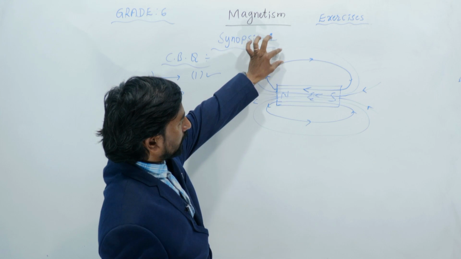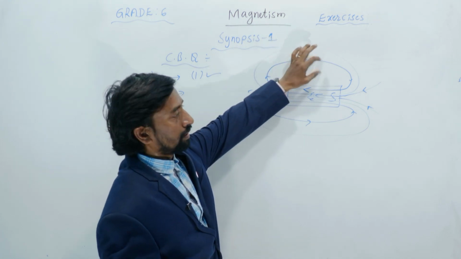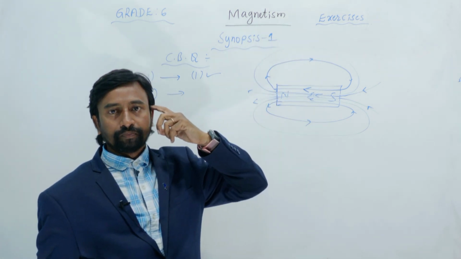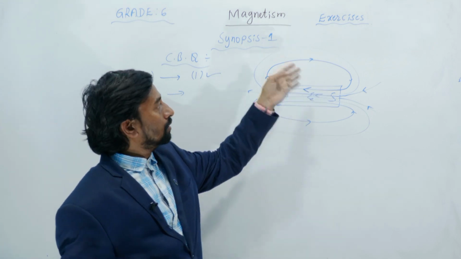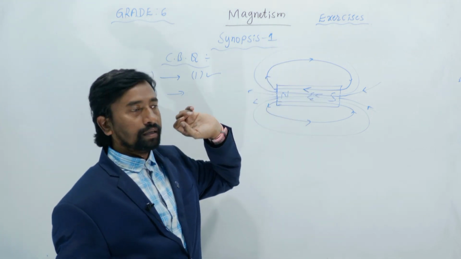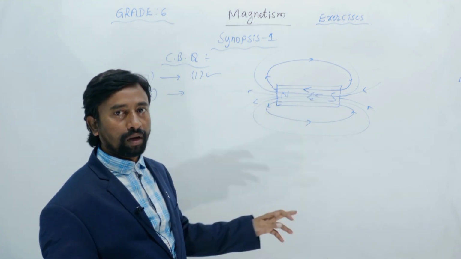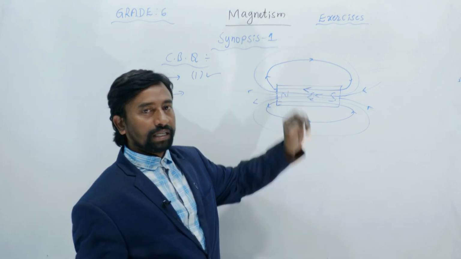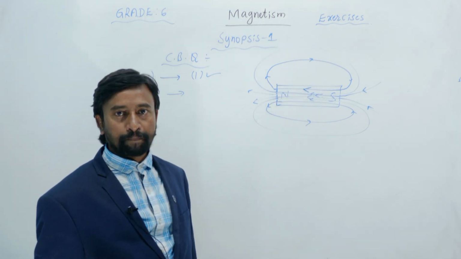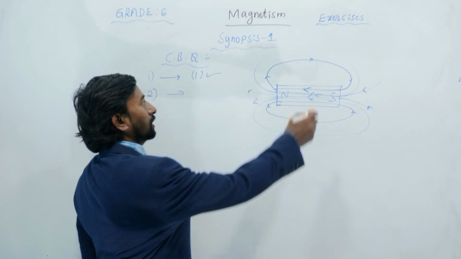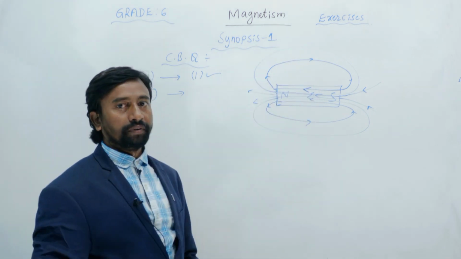Two magnetic lines of force do not intersect each other. Suppose they intersect each other, then it is not possible, because at one point two directions of the magnetic field cannot exist. That is the reason why two magnetic lines of force never intersect each other.